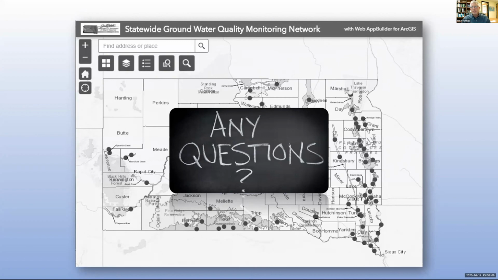And also the site selection is meant to be away from farmsteads, away from cities and so on, so that we're only looking at general land use and not impacts from what might be going on directly at a farmstead or a city. And then the other thing too is with the private wells, we often really aren't sure of the integrity of the construction of that well. So we don't know if, for example, they're getting some leakage from the surface down the annulus of the well that might impact our results.